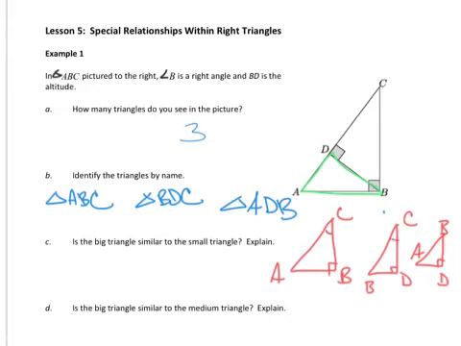That means that the big triangle is similar to the medium, which is the next question, but let's talk about the small next. The small triangle and the big triangle share angle A. So that's this guy. So when it says, is the big triangle similar to the small triangle, we can say yes, because of angle-angle similarity.